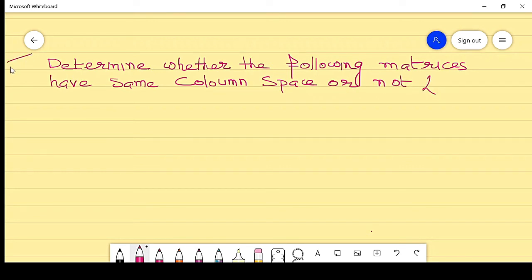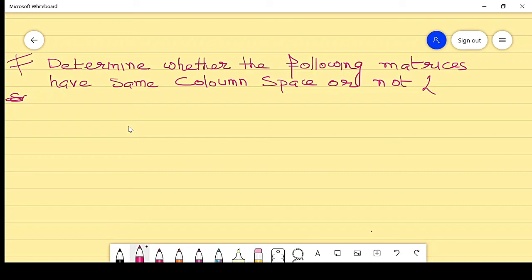So this is my question. So determine whether the following matrices have same column space or not.